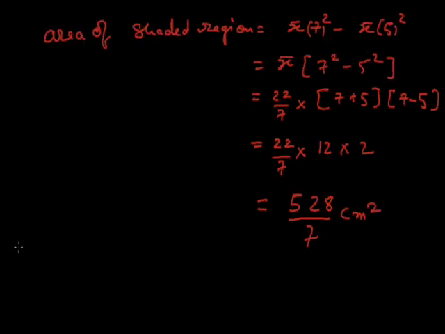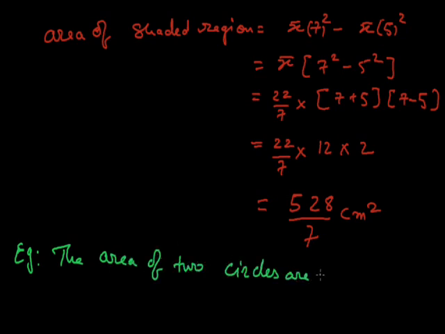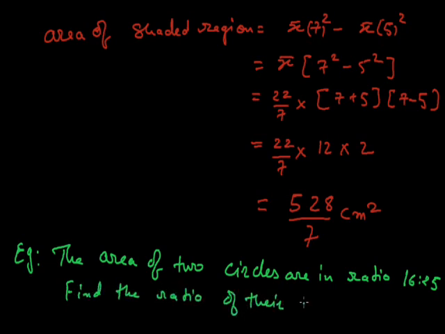Let us see one more example based on area and perimeter of a circle. It is given that the areas of two circles are in the ratio 16:25, and we have to find the ratio of their circumference.